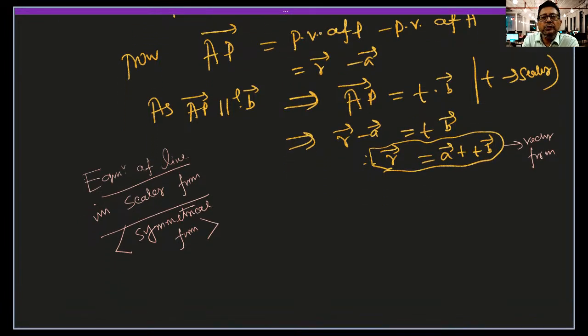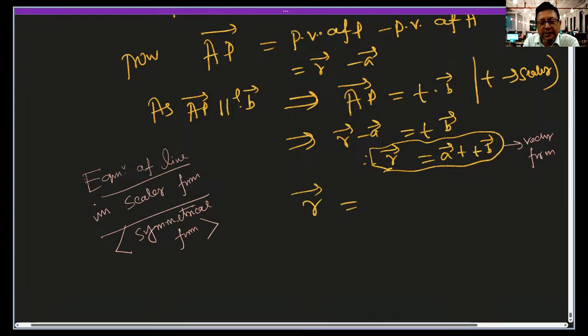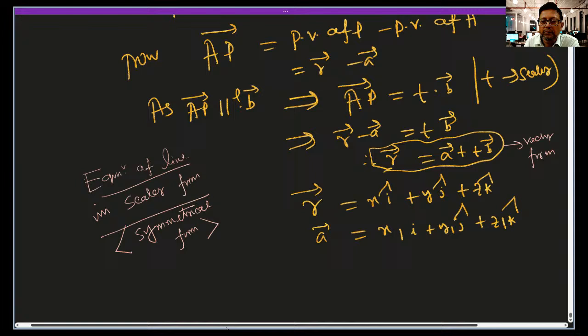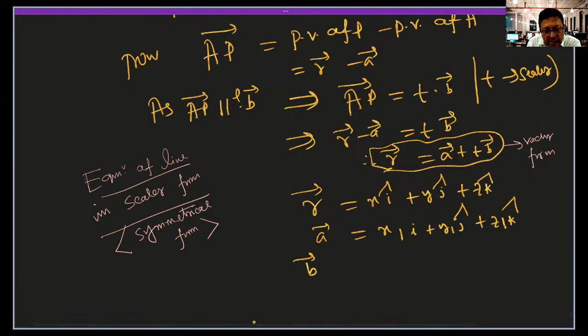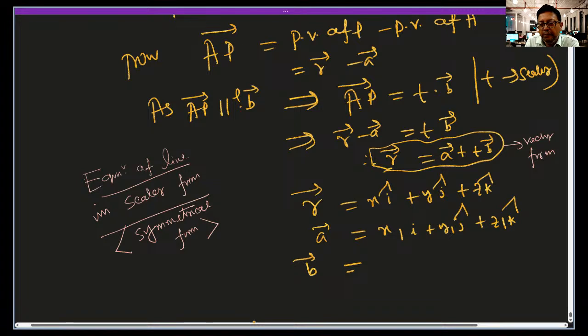You take r equal to what? r is an arbitrary point, a is a known point. b you take a i, b j, c k.